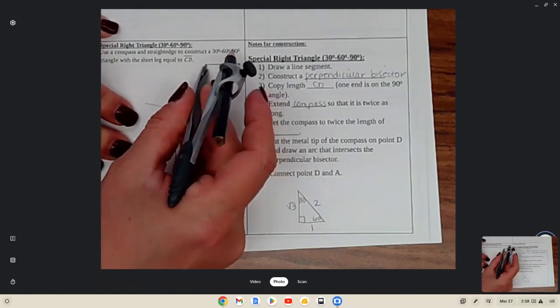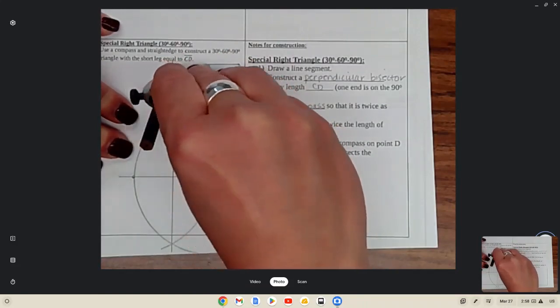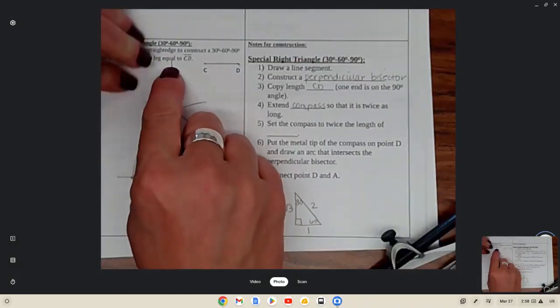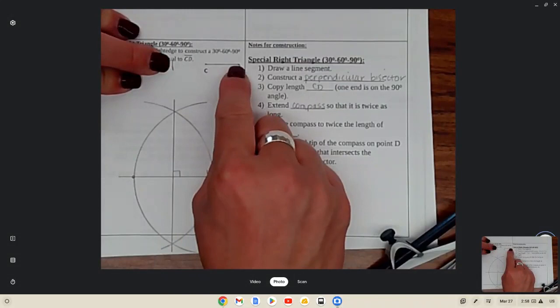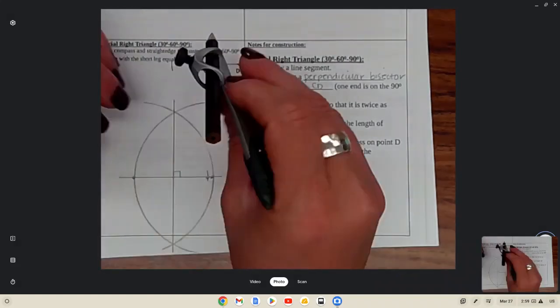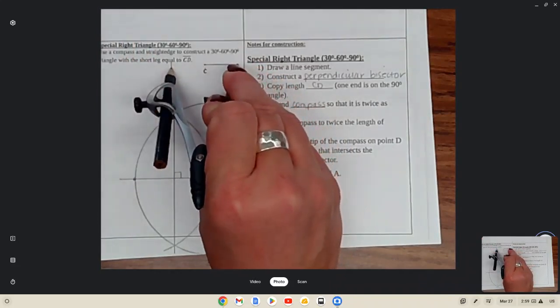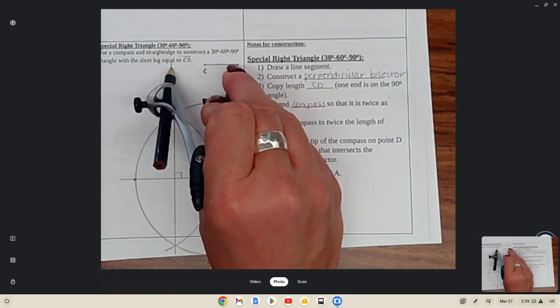What if I keep my pin right there and I come over here? Now, from this arc to D, that's 2 of CD, right? Right? That's 2 times that length. So I want to open my compass to be that much. There's twice the length. Okay.